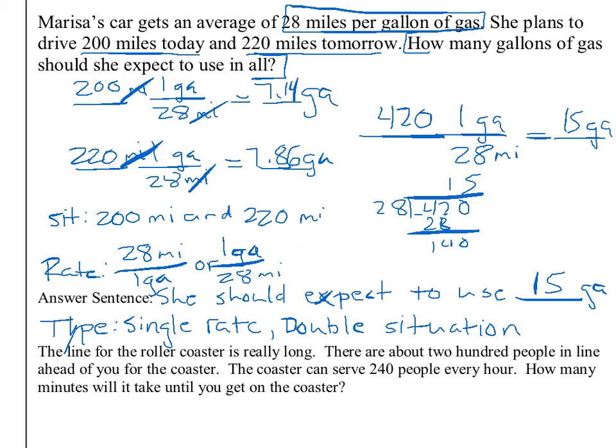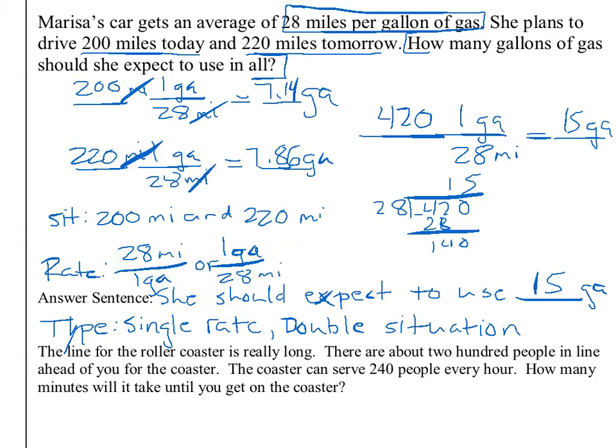So with these single rate double situation problems, depending on what the question is asking you, you may want to combine or subtract them. So if it's saying what is the difference in the amount of gallons of gas that you would expect to use, if you wanted to use a single situation, you would need to subtract the 2 situations.